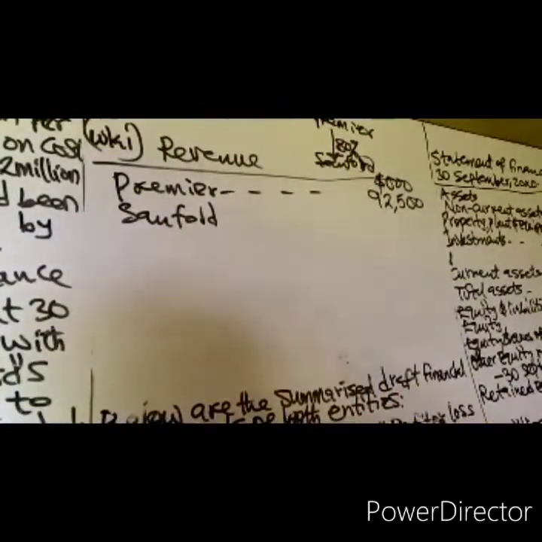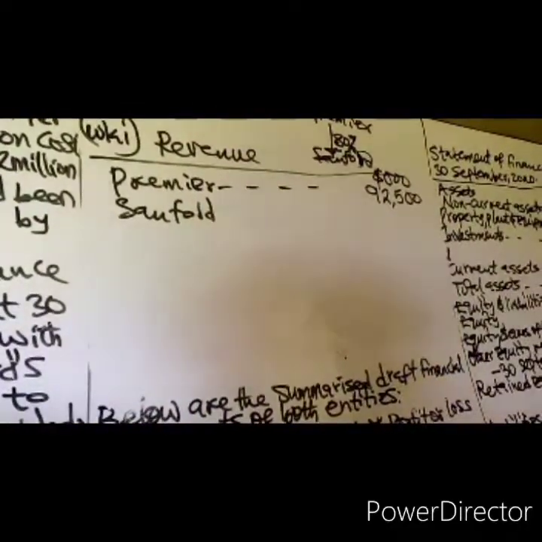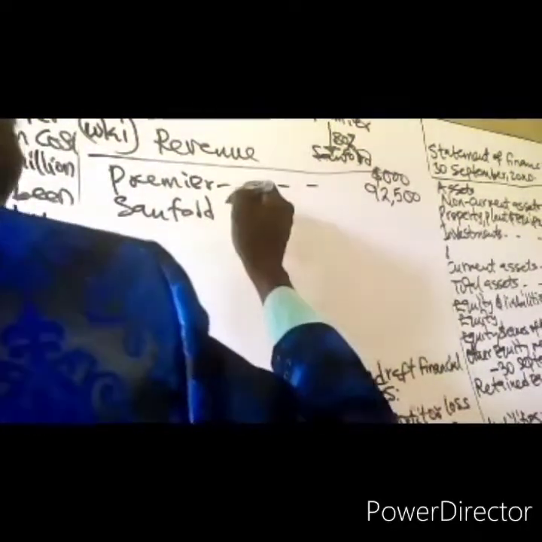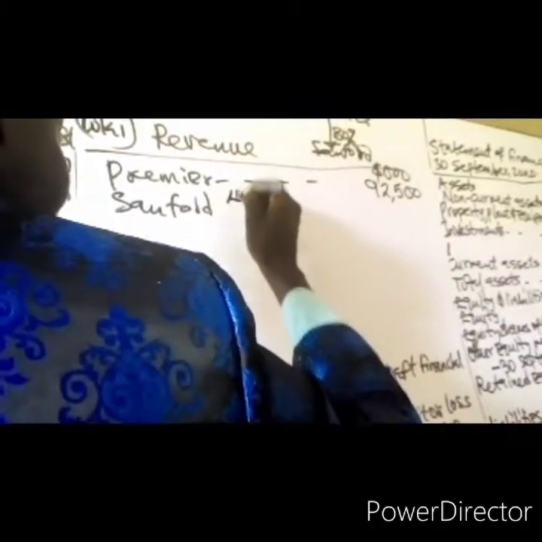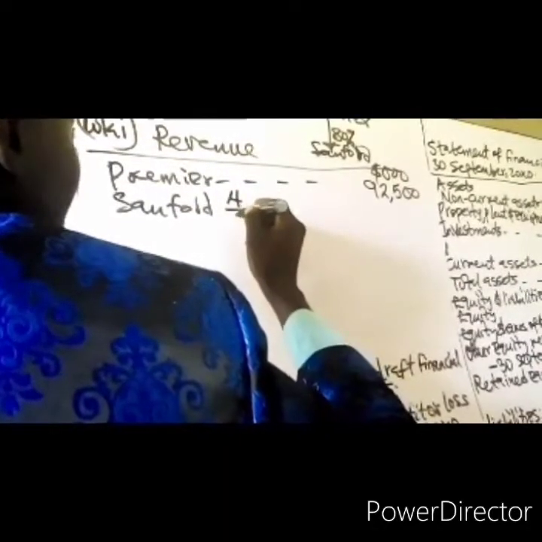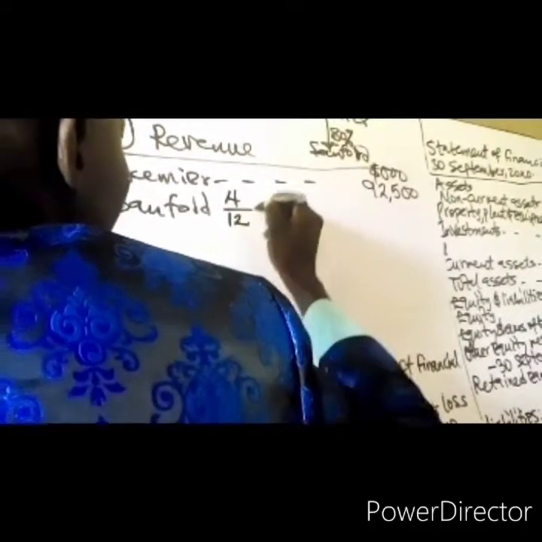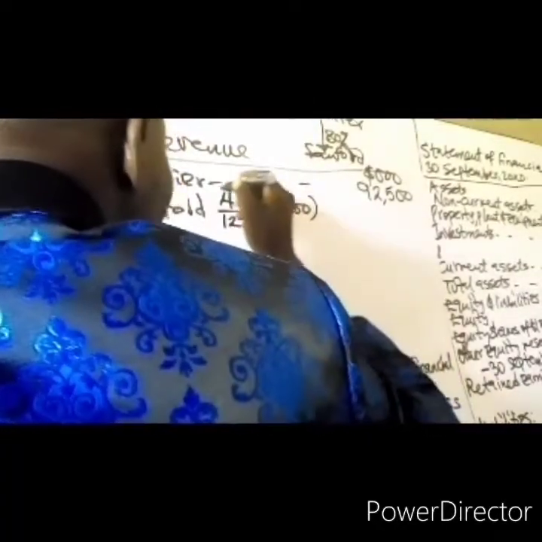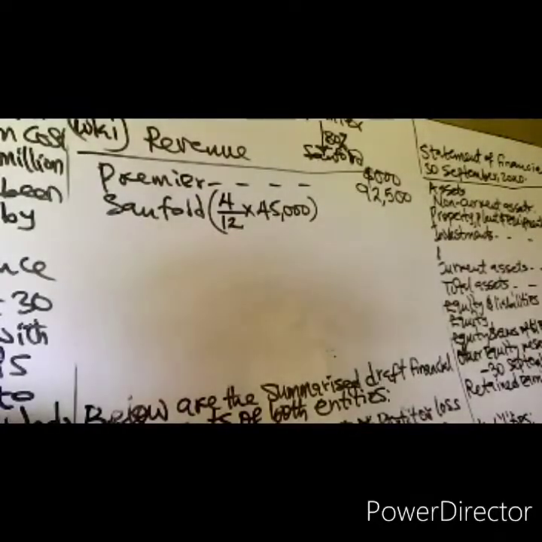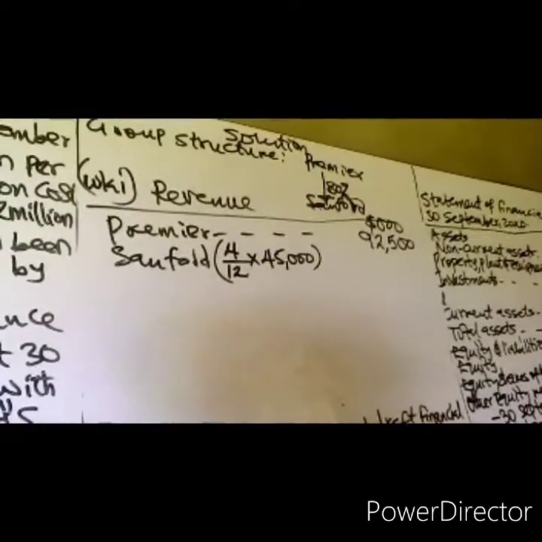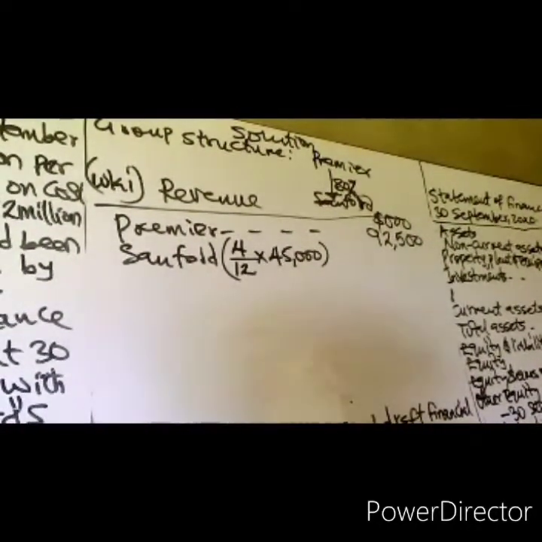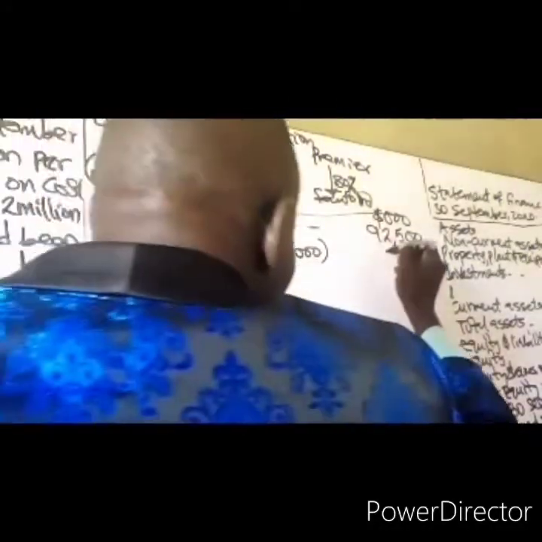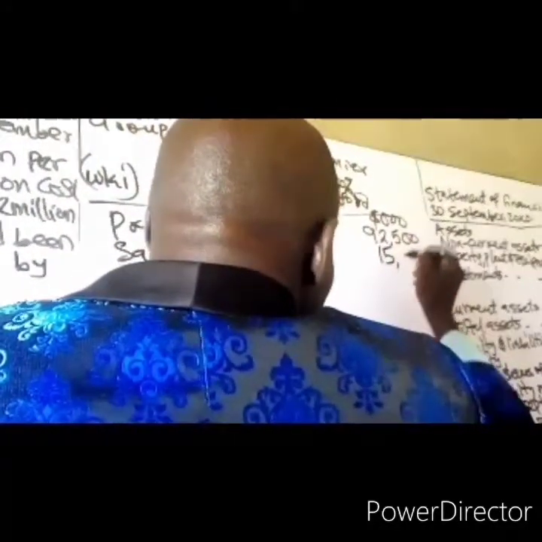You are going to apply time apportionment to the result of the subsidiary. From June to September, that is 4 months, as counted earlier. 4 over 12 times 45,000. That will give us 15,000. The revenue of the subsidiary that will be consolidated will be 15,000.